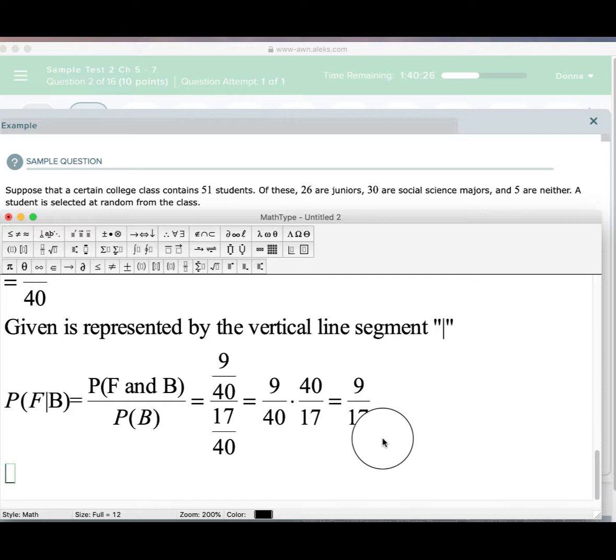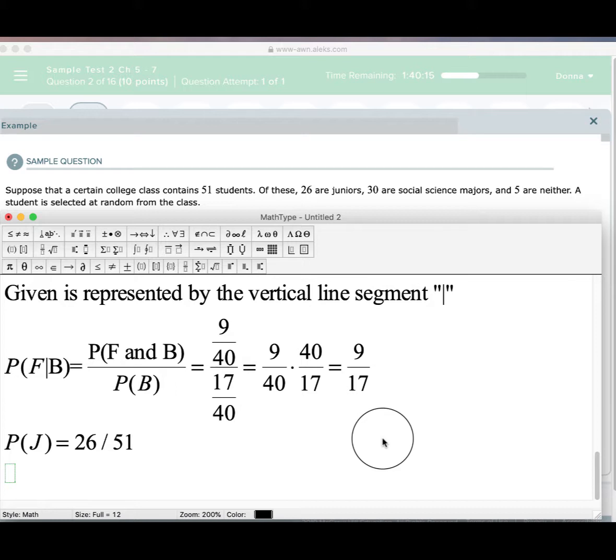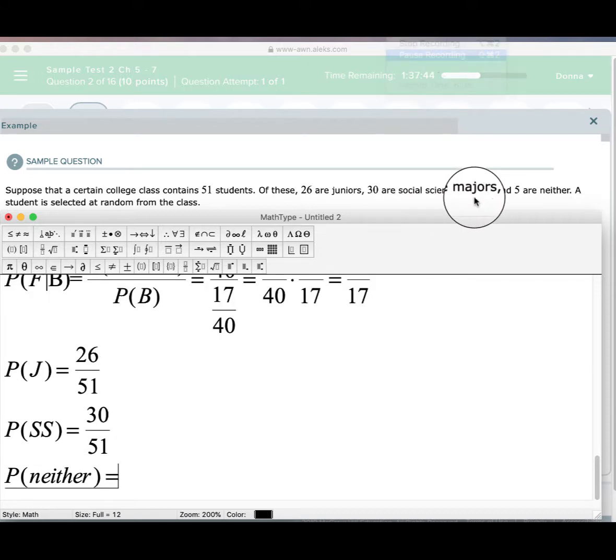So 26 are juniors, so the probability of a junior is 26 out of 51. The probability of being a social science major is equal to 30 out of 51. The probability of neither is 5 out of 51.